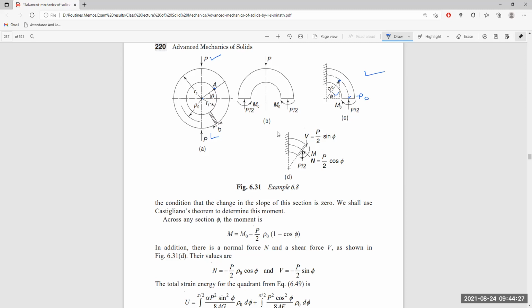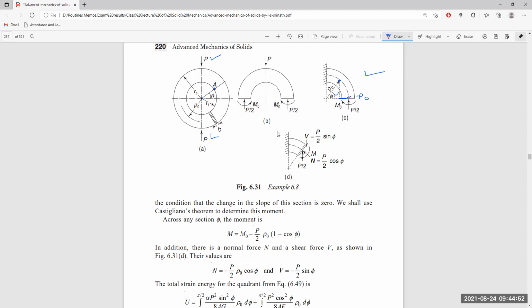So the distance for P by 2 is rho 0 full length minus rho 0 cos theta. This distance multiplied by P by 2 is the moment generated in this section, defined as per the angle phi.